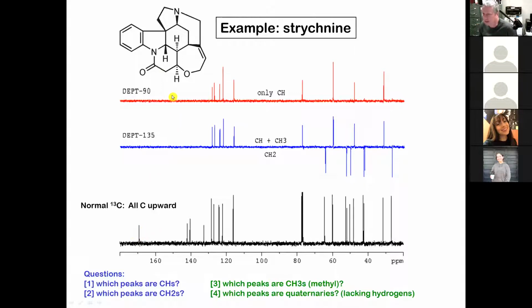In order for it to be a CH3, you would see it in the 135 going up, and not in the 90, because 90 is only CHs, right? And of course, if you look on the upward spectra, they're all the same up here, but the down ones are the CH2s. Okay, cool.